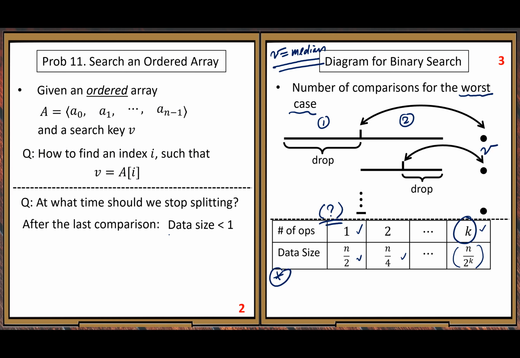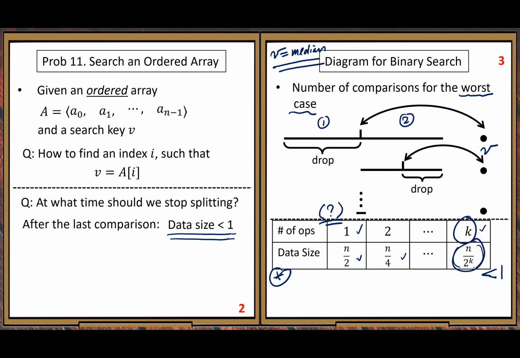Think about if the data size is less than 1, should we do further splitting? Because look at this fraction. It is a number, right? There is a possibility this expression is less than 1, when k is sufficiently large.